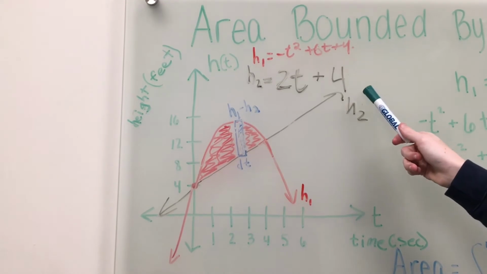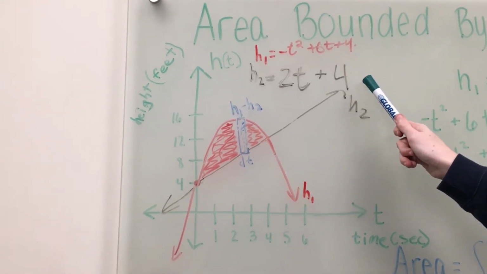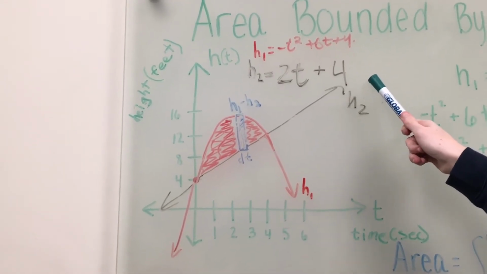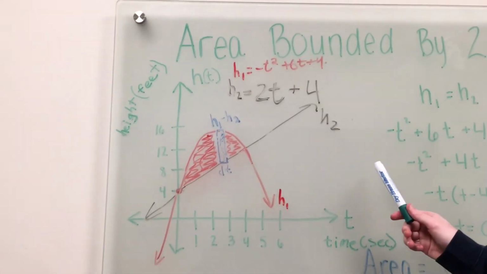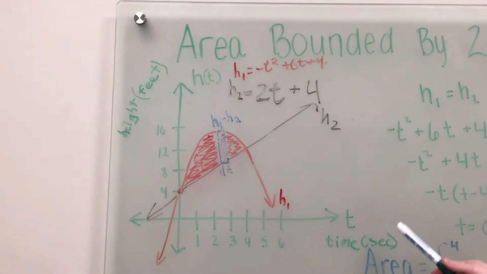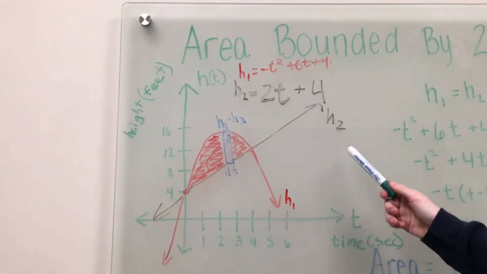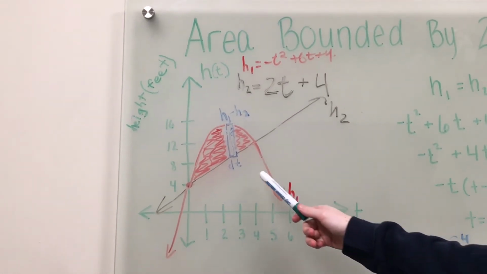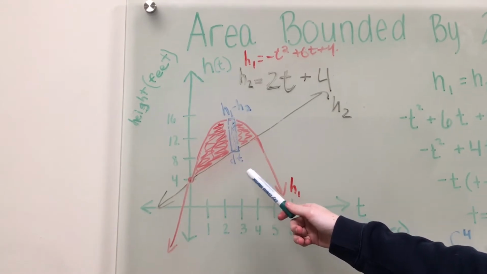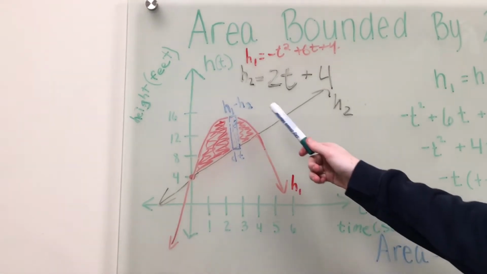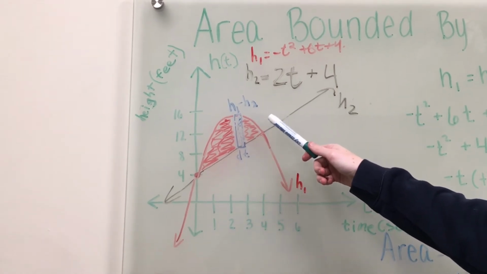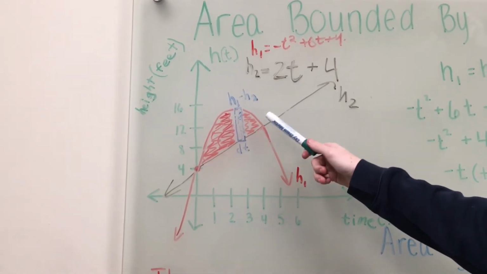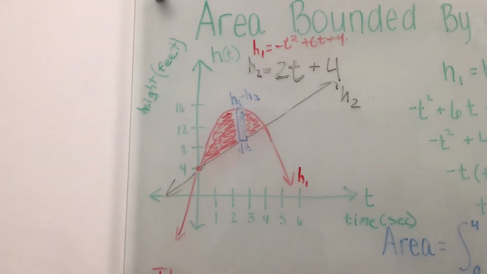The flight of the football is represented by h2, which is equal to 2t plus 4. The graph is height versus time. So the representative rectangle we drew is the change in time, dt, times the change in height, h1 minus h2, which is the top function minus the bottom function.